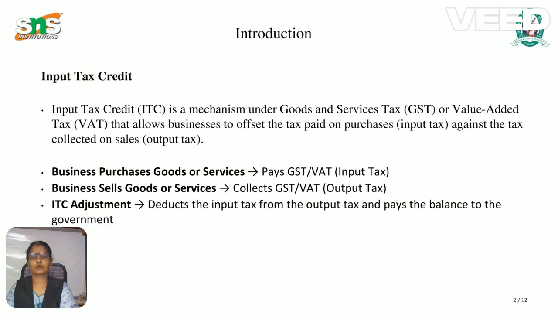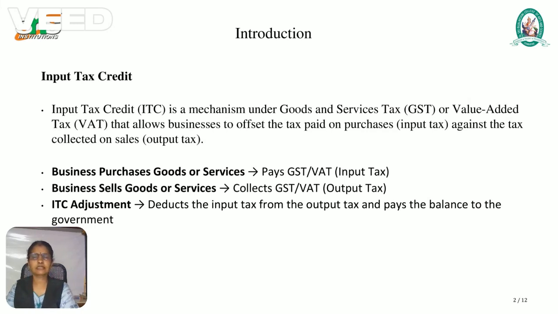This is a mechanism under GST or value added tax that allows a business to offset the tax paid on purchases, that is called the input tax, against the tax collected on sales. Sales is nothing but the output tax.